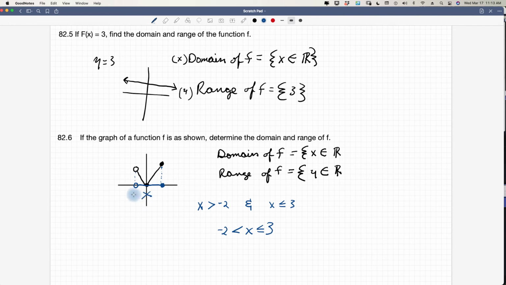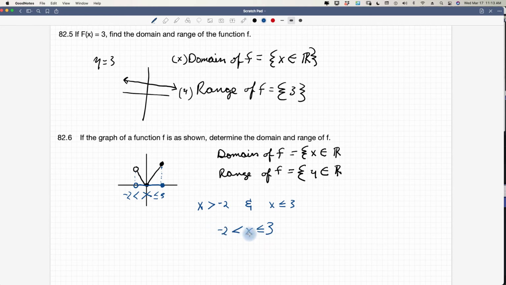You can also see it on here. X is going to be greater than -2, and it's also going to be less than or equal to 3. So we see that conjunction written here and here. It's the same.